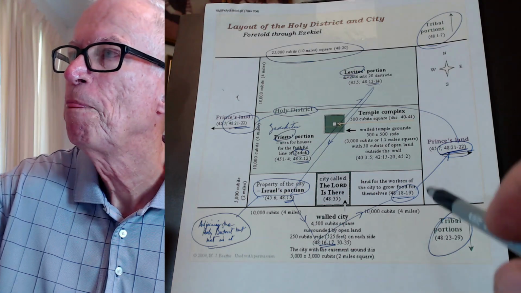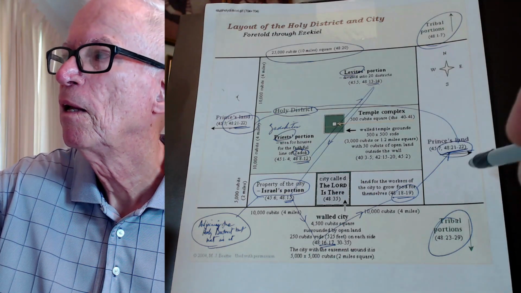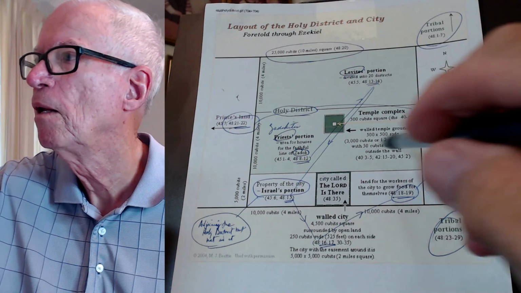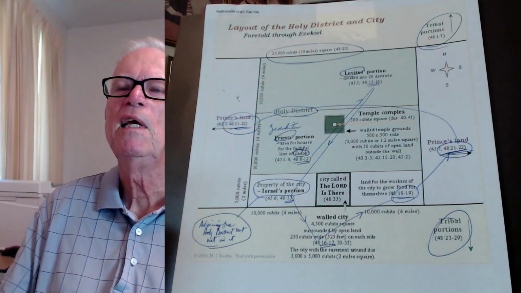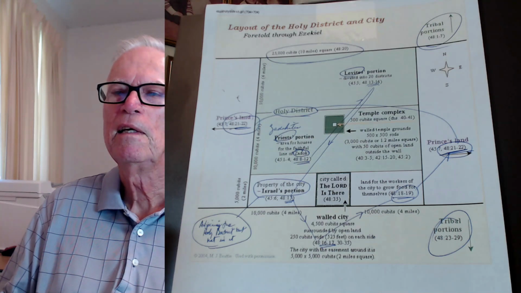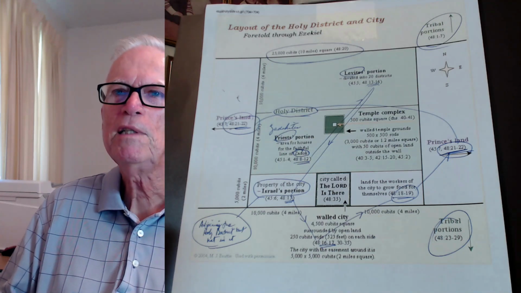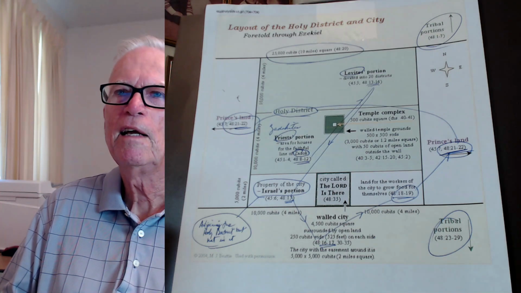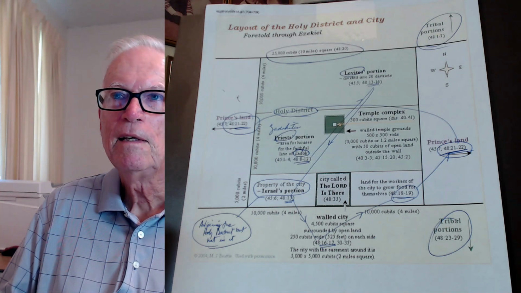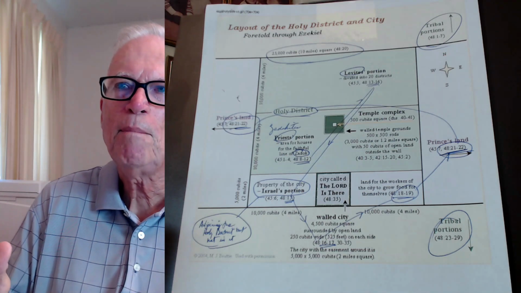Okay, so that's why we're starting to see that the Levites, the priestly tribe, does not inherit. They get land, but it's not a tribal allocation.